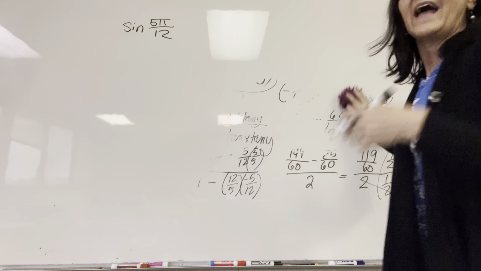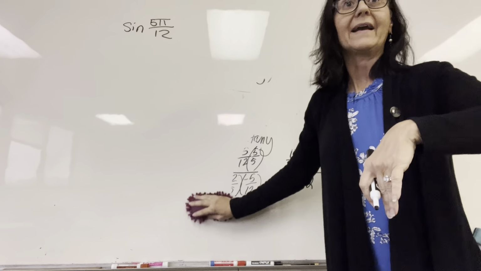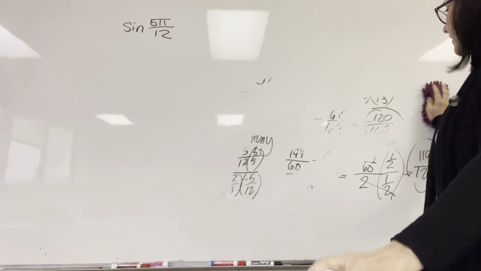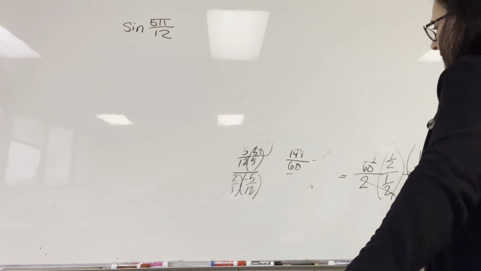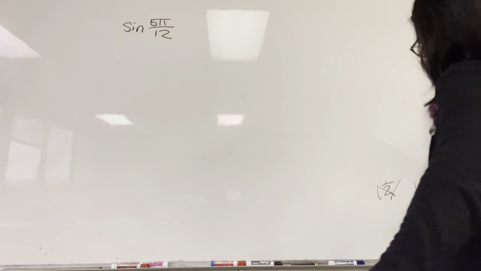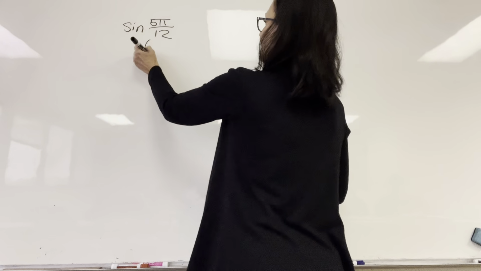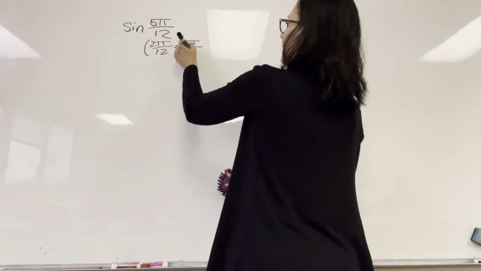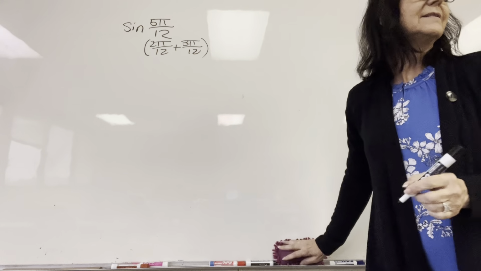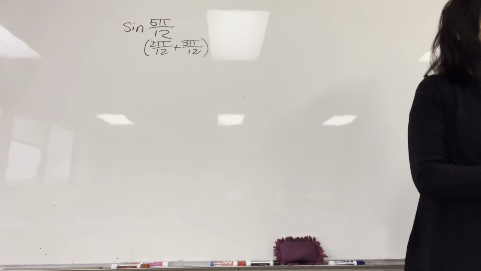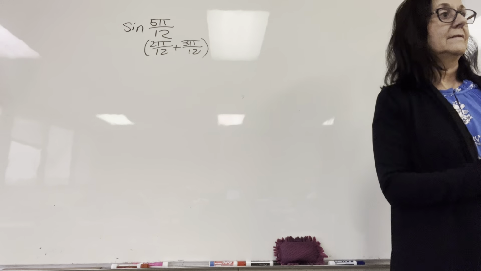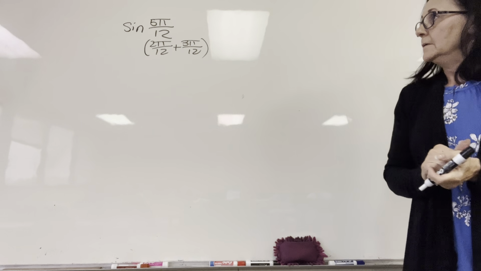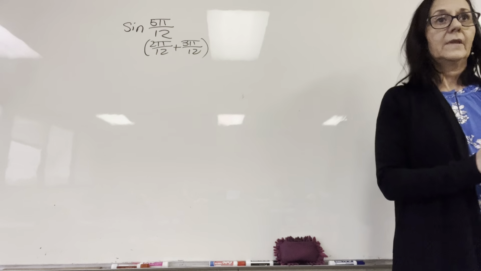So I either have to add or subtract. All right, so what are we gonna do, Jaden? You would do 2 pi over 12 plus 3 pi over 12. Yes, 2 pi over 12 plus 3 pi over 12. In what scenario would you do 5 pi over 6 over 2? If they were trying to find the half angle.